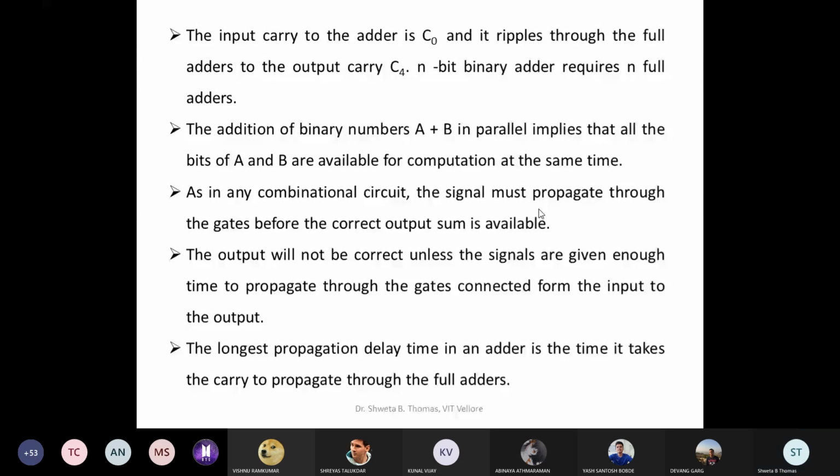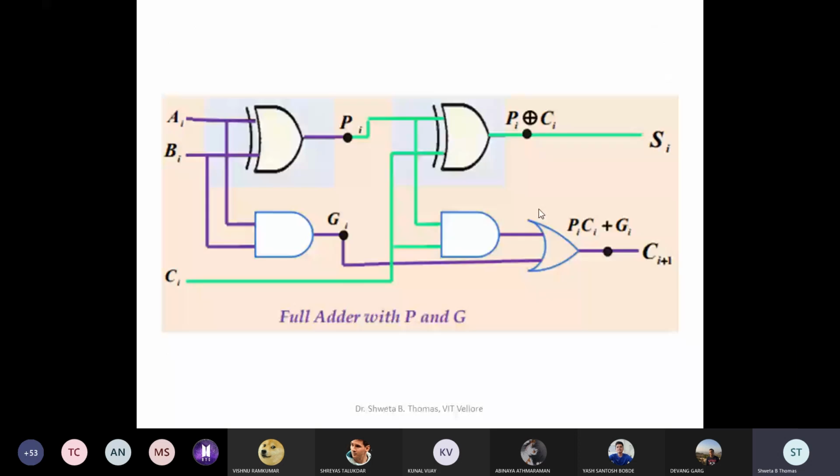So this is a full adder with P and G. P is what? Propagation. G is what? Can you tell me? We are actually taking the full adder.